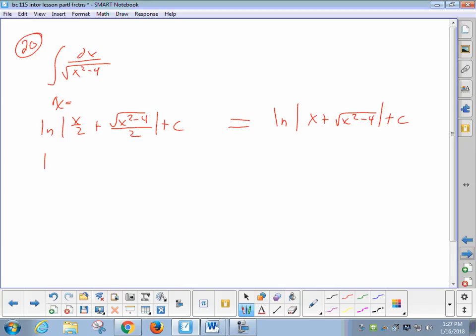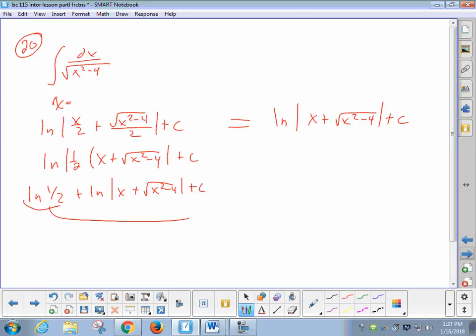Factor out a half. Natural log of a half. What do you think then? You can separate it to natural log of half plus natural log. The natural log of half plus a constant C. Yeah. So your answers are the same, but your C's are different. They are rolling natural log of a half into their C, so they get a different C.